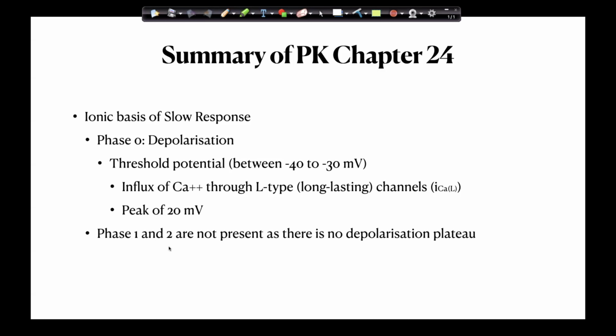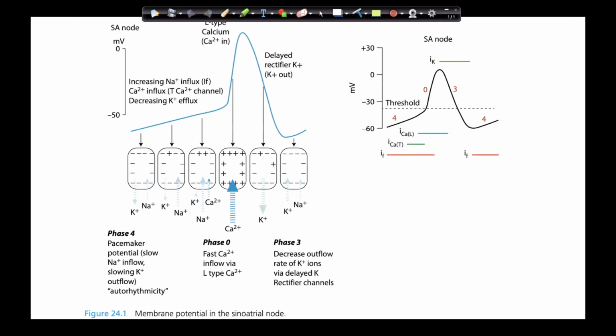Now, there's no phase 1 and phase 2 in the sino-atrial node, as there is no depolarization plateau phase, unlike the ventricular myocyte. Just to summarize again, at minus 40 millivolts you get calcium from the T-type or transient channels.